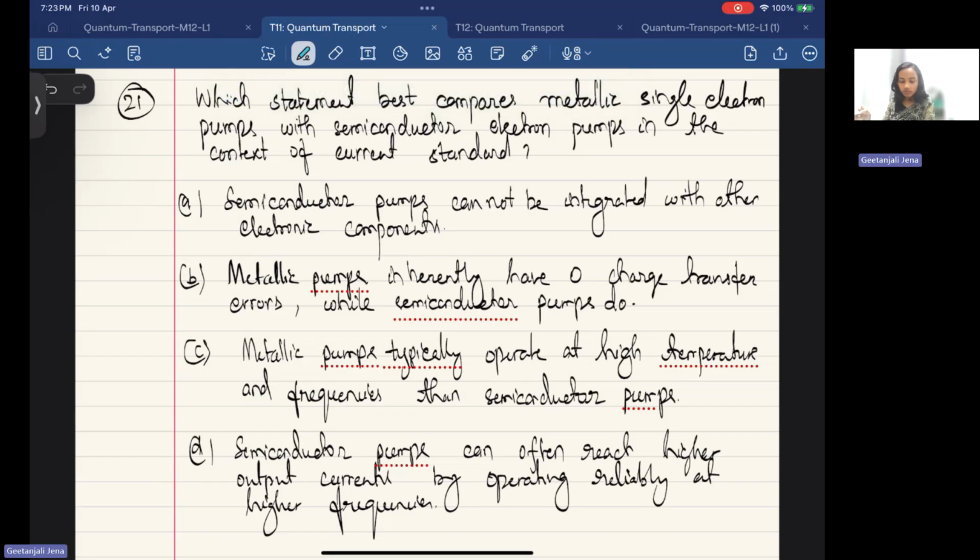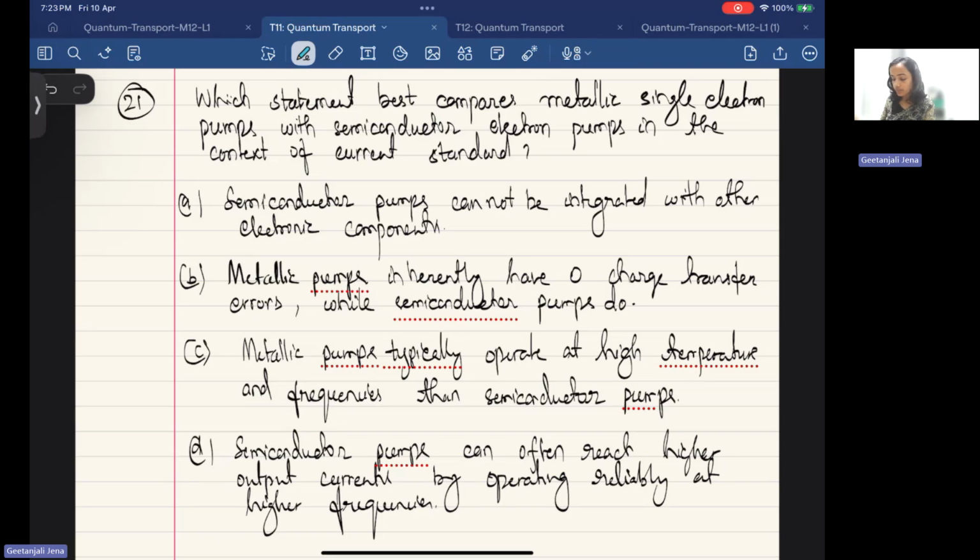Question number 21. Which statement best compares metallic single electron pumps with semiconductor electron pumps in the context of current standards? Option A, semiconductor pumps cannot be integrated with other electronic components. Option B, metallic pumps inherently have zero charge transfer errors, while semiconductor pumps do not. Option C, metallic pumps typically operate at higher temperature and frequency than semiconductor pumps.